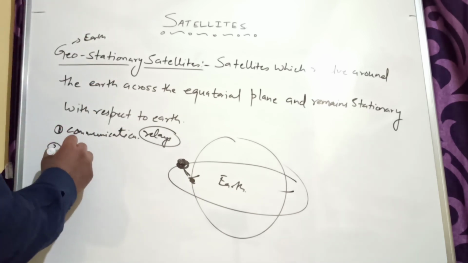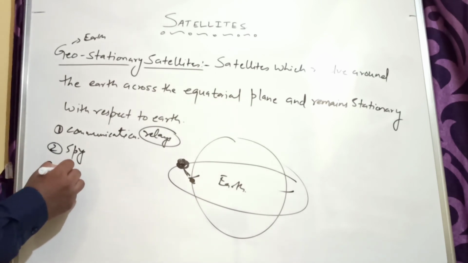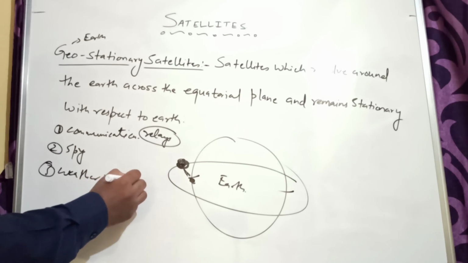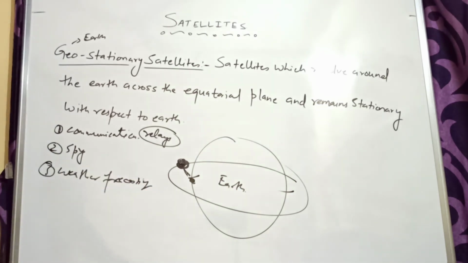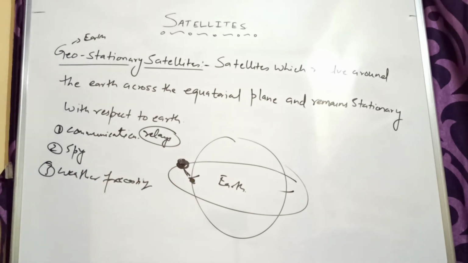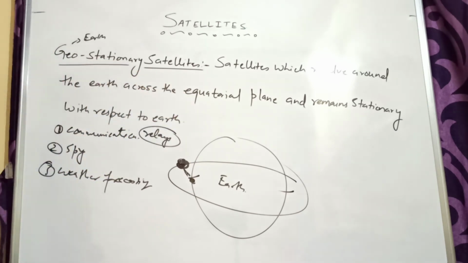So it is used for spying purposes. Third is weather forecasting. These are used for predicting the weather conditions in future also, right? So these are the uses and the principle of the geostationary satellite.